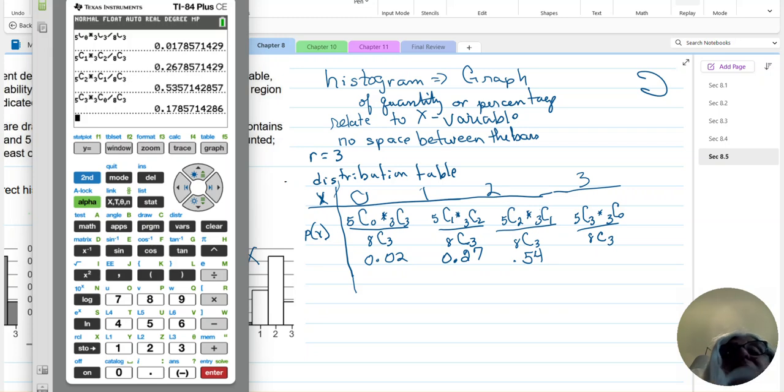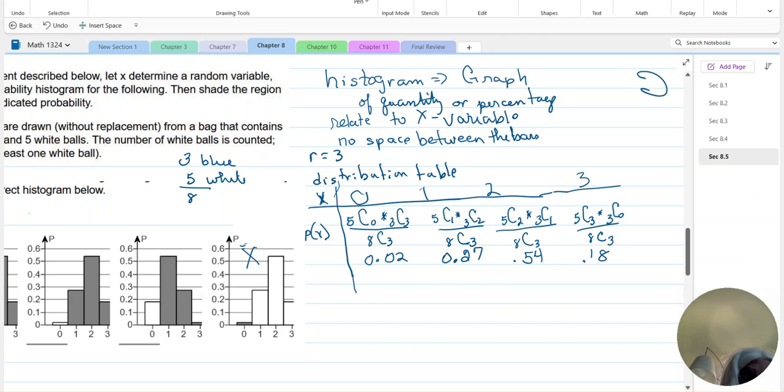I'm going to get 0.17. I'm going to say 0.18. All right. So if it's between these two, the 0 does not cut it here. This is wrong. So it's this guy right here. And all the shades are in the ones we needed.